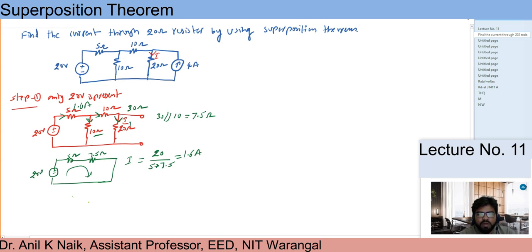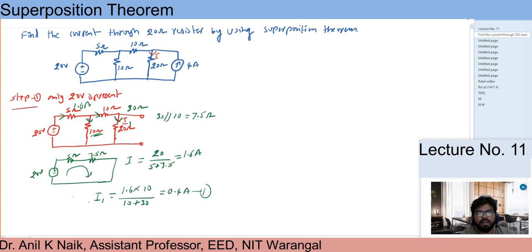To find I1, the total current into this resistance 10, divided by the total resistance, that is 10 plus 30. If you do this, it gives you 0.4 ampere. This is equation 1. So 0.4 is the current flowing through your 20 ohm resistor due to the voltage source acting alone.